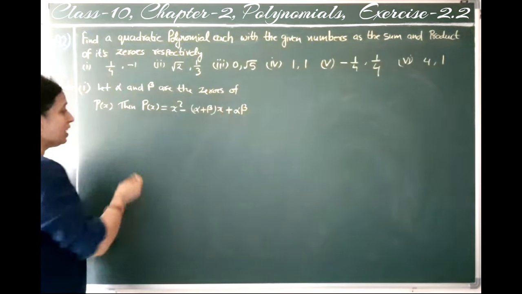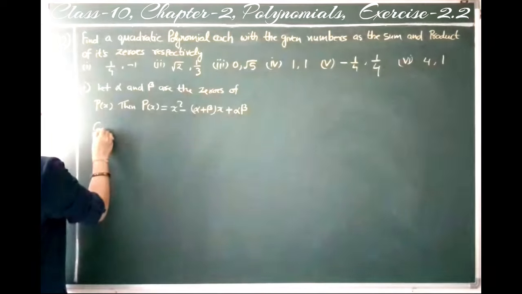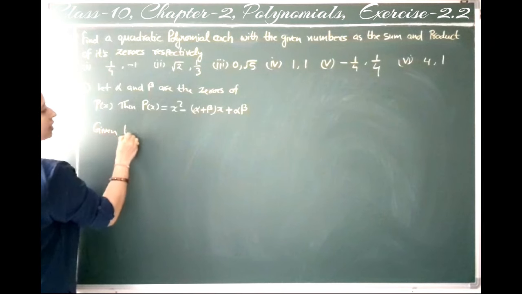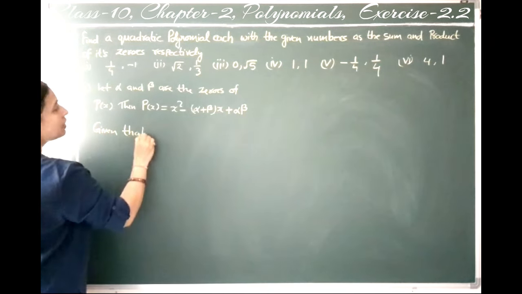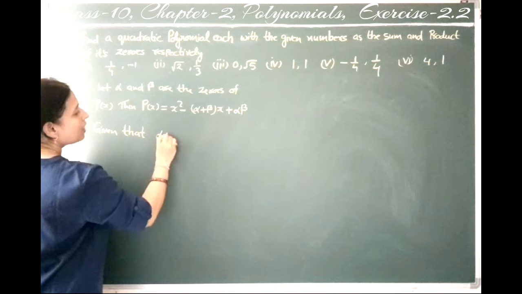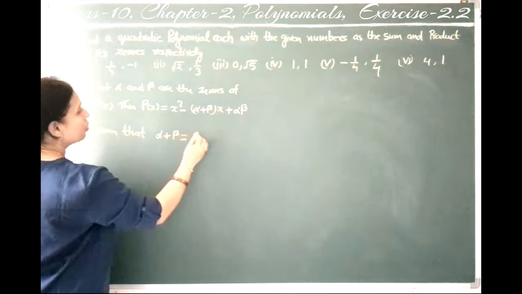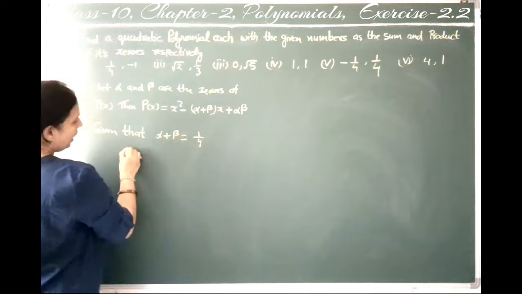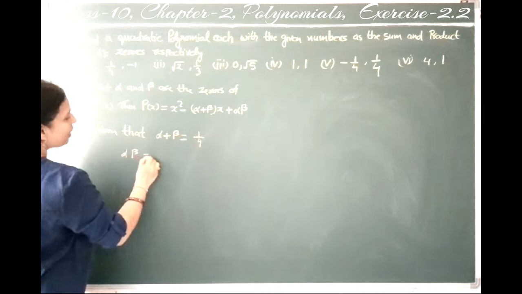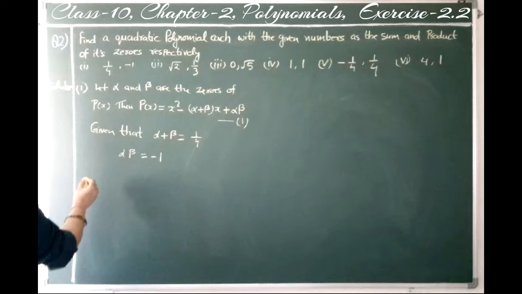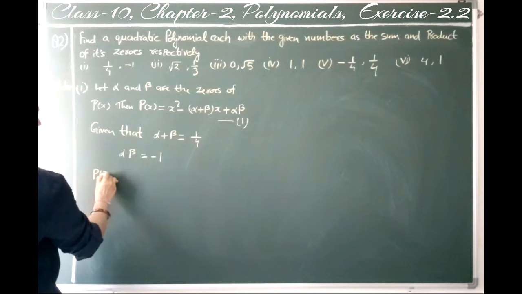And what is given? Yes, right here given that alpha plus beta is equal to 1 by 4 and alpha beta is given -1.